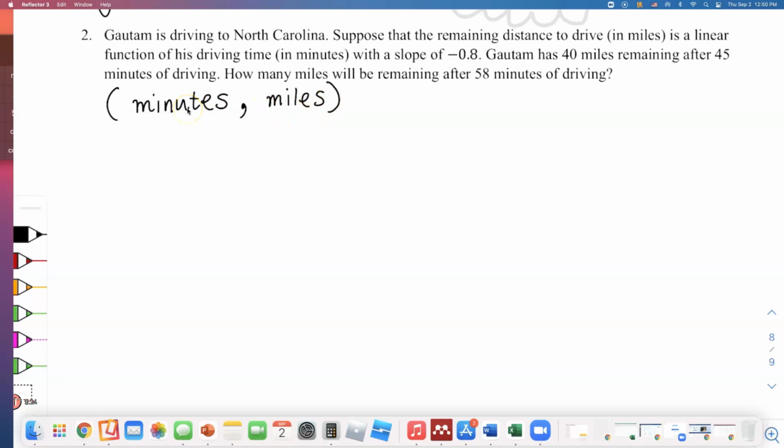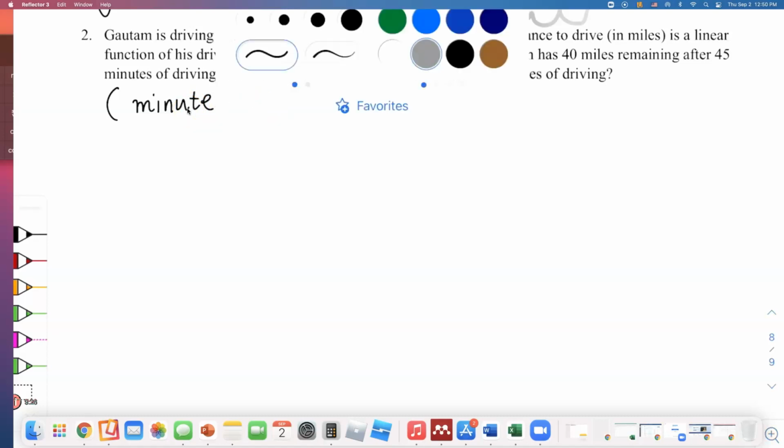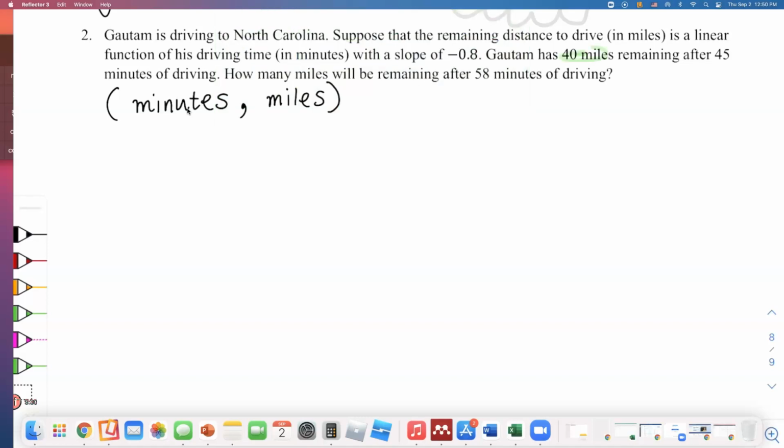So the reason I wrote this is because I think they give this to us in opposite order. So take a look. Gautam has 40 miles remaining. I'll just circle the 40 miles part. 40 miles remaining, after 45 minutes of driving. So the order they gave us is the 40 first, and the 45 minutes after that.